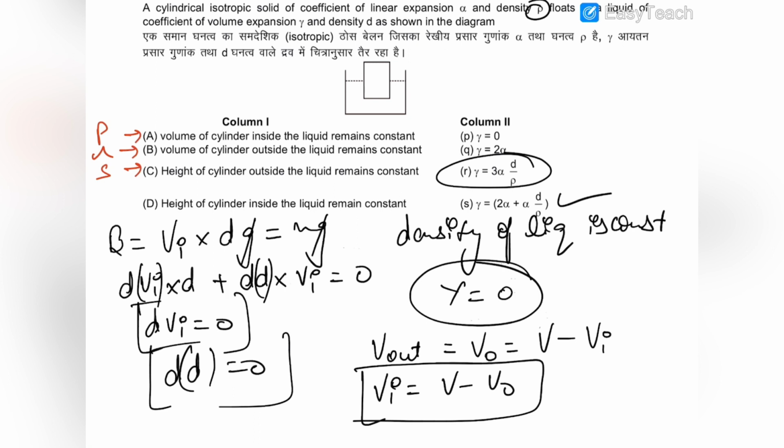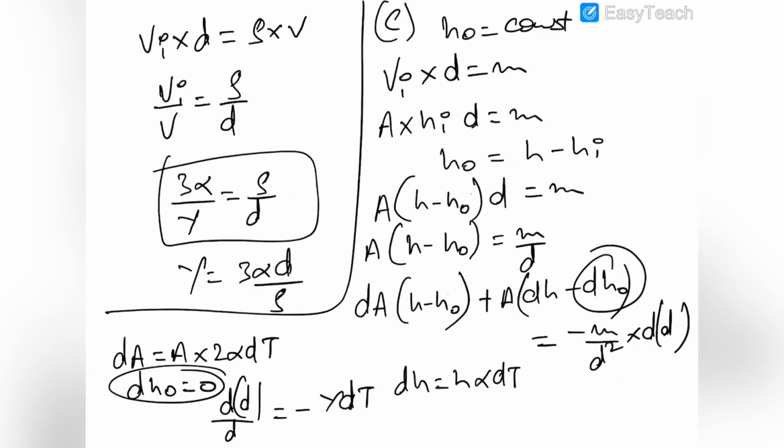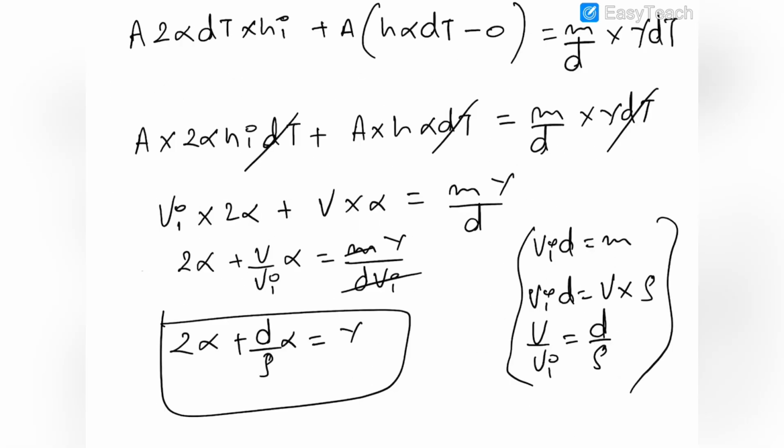And for option D, the height of the cylinder inside the liquid remains constant. So let us again analyze this case, option D. So HI remains constant.